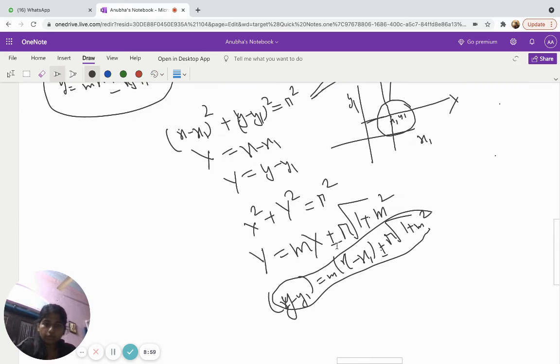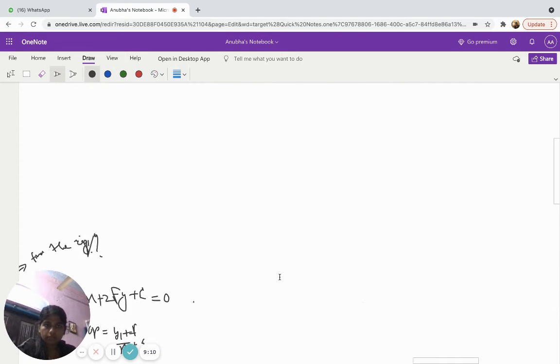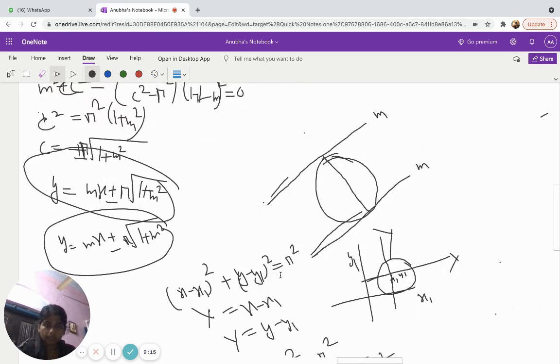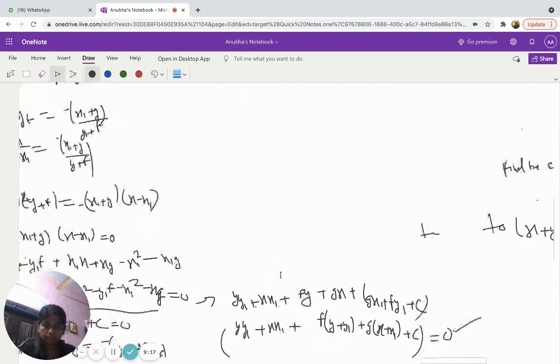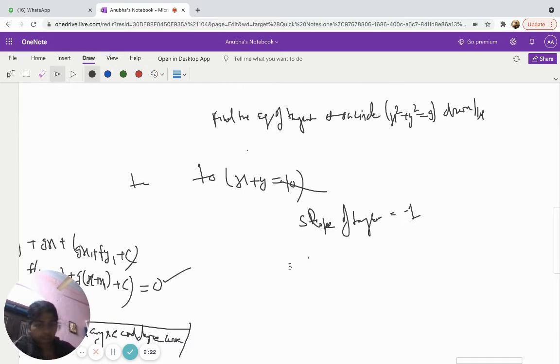And in the previous video I told you, if you have the slope, how do you find the equation of the tangent? With this formula only: y equal to mx plus minus r root of 1 plus m square.